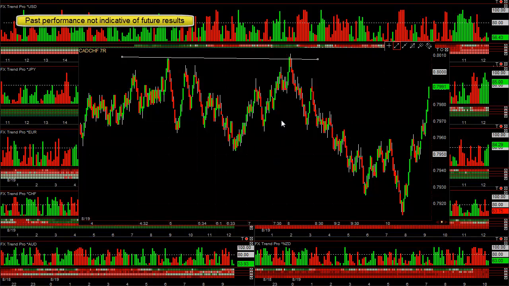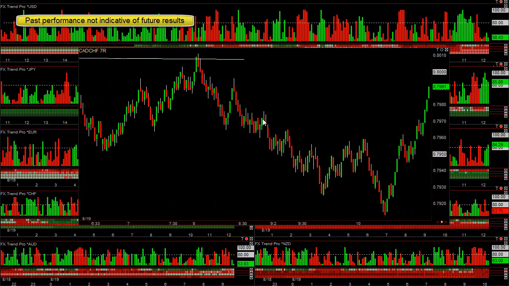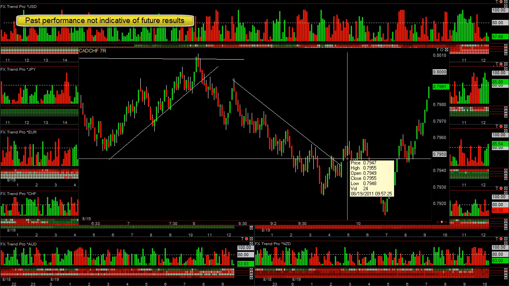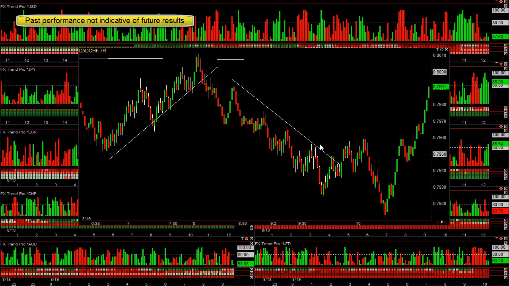At 8 o'clock, you knew that the CAD was really weak and the Swiss was strong, so you might want to kind of sell this trend line break right here just to make sure you don't get into unnecessary loss, and with your stop a pip or two above the high here. And it kind of just works its way down. You might want to use trend lines to get out of this, and you might be out of the trade here at 50, but you can see that's almost about 40 pip move.